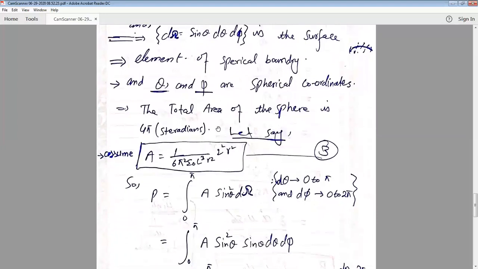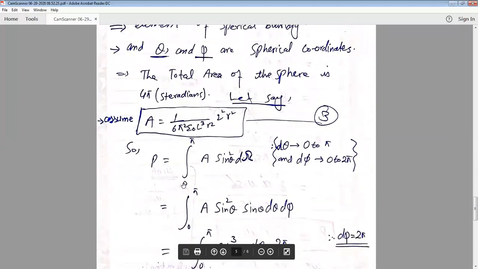Let's say, for our simplification, we assume A is equal to this term. Then equation number 2 becomes this. We see that theta varies from 0 to pi and phi varies from 0 to 2 pi, as shown in the previous figure. Then the integral over 0 to pi of A sine square theta times the surface element.